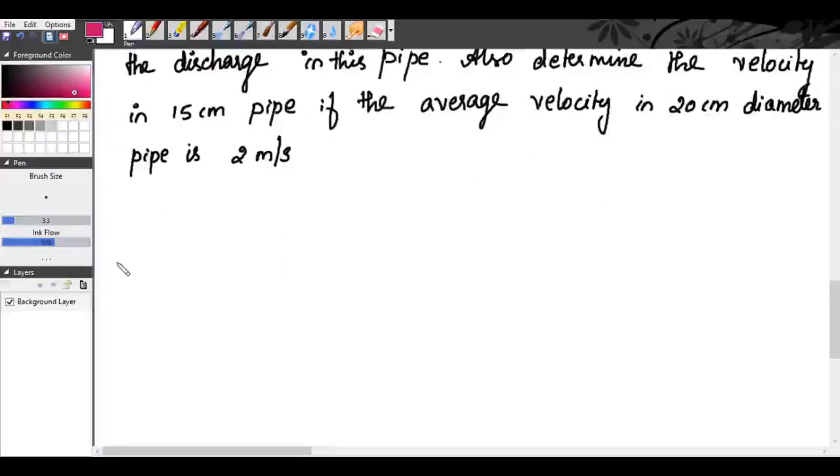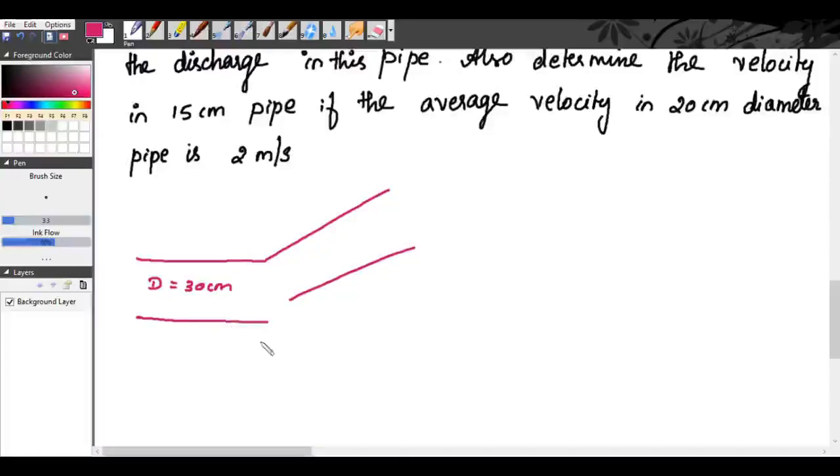So we have a pipe of diameter 30 centimeter. So this is getting branched into two different pipes, right?